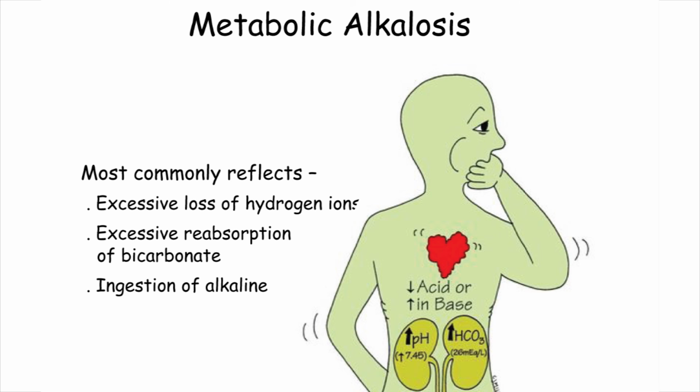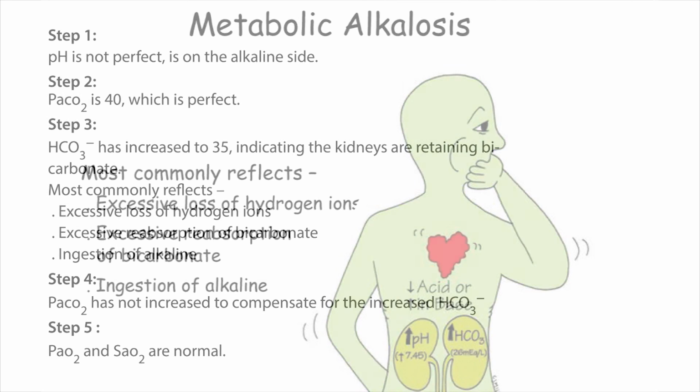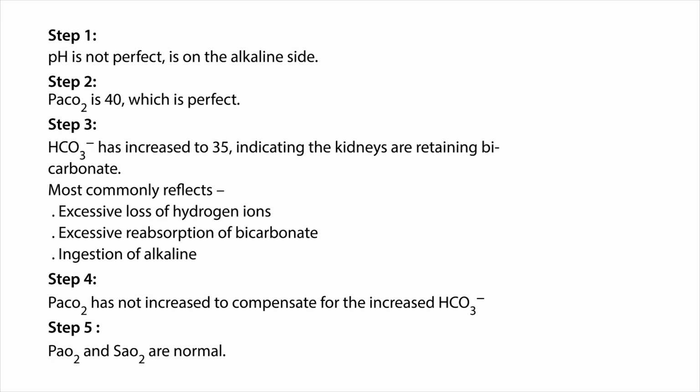Or it could be ingestion of alkaline, excessive bicarbonate administration, that is overcorrection of a metabolic acidosis or ingestion of over-the-counter antacids. Here is the cause of the problem, acute metabolic alkalosis.